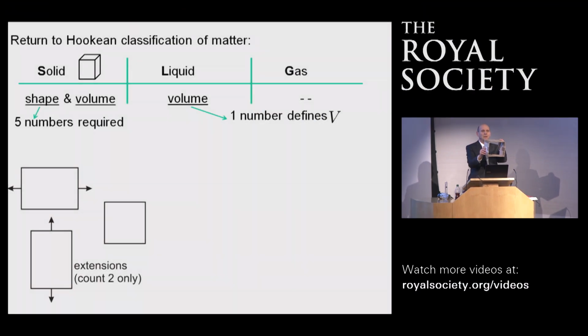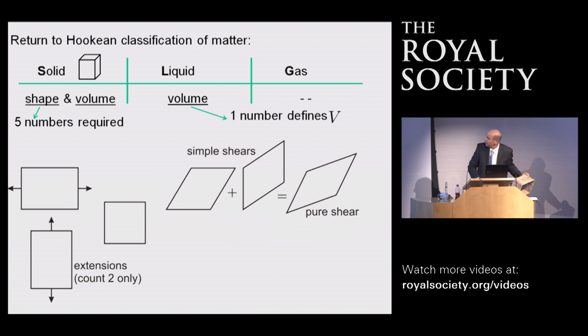The force doesn't vary like the extension as we have in Hooke's law. It's just the same as it was before. So that's just a rotation. So it says that for each of these, about each axis, this is one of them, we have shears, but I better only count one number, the one that turns it into a diamond. So we can see that on the screen now. There's simple shears added to produce a diamond, which is a pure shear.